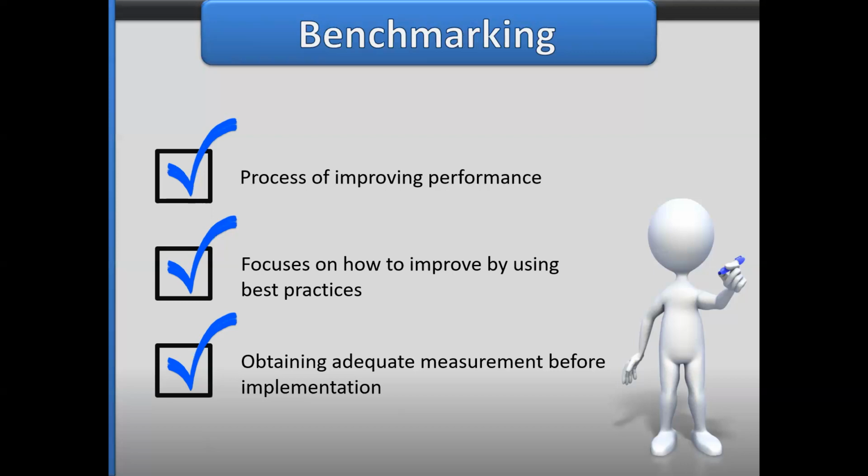Obtaining adequate measurements before implementation of a new or improved process is crucial. For COC accredited hospital registries, the COC does offer benchmarking through the Cancer Program Practice Profile Reports, or what are called the CP3R measures.